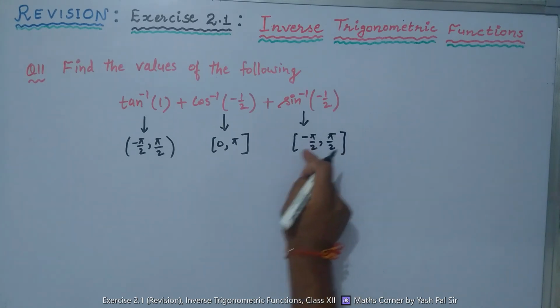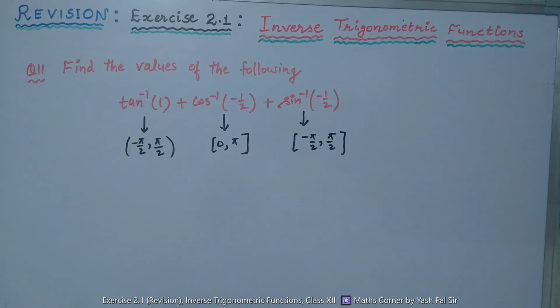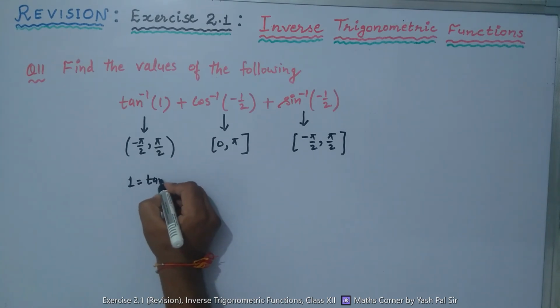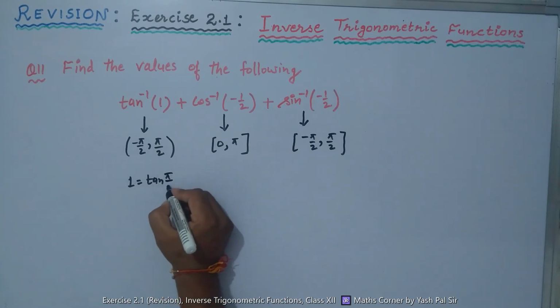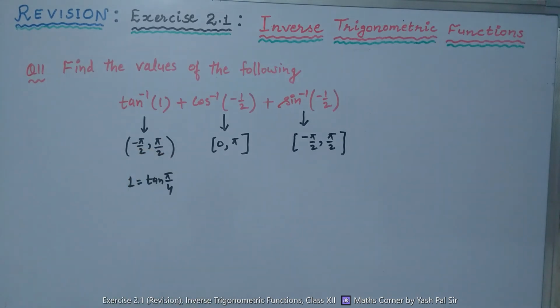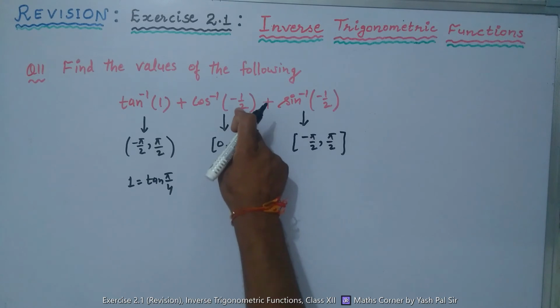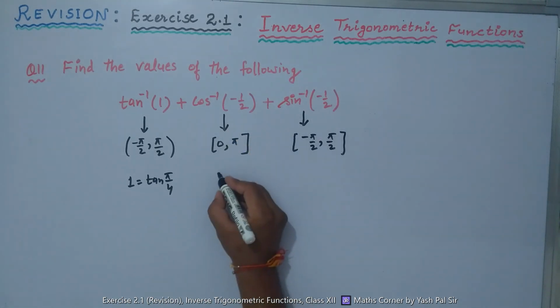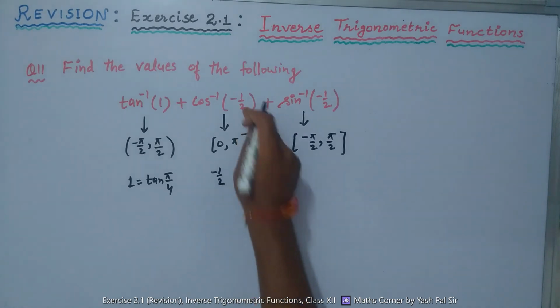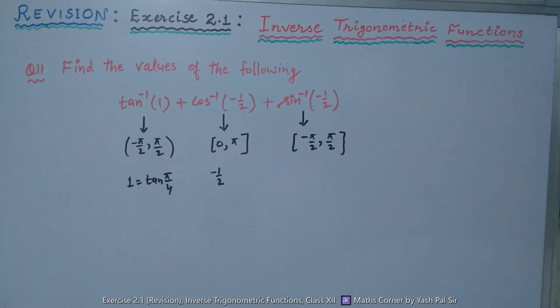So within these ranges we have to search for the angles. We know that 1 is equal to tangent of pi by 4, and this pi by 4 belongs to the range. Similarly, we have to find the value of minus 1 upon 2.